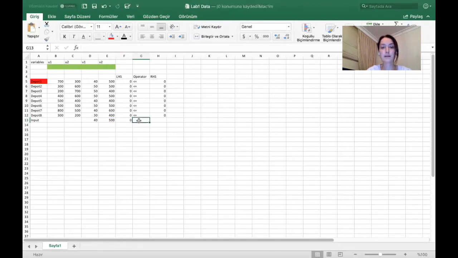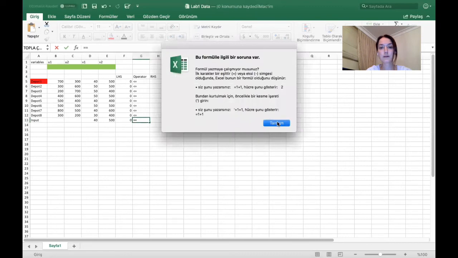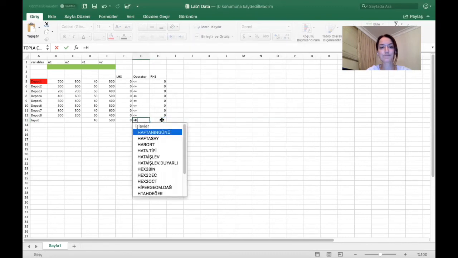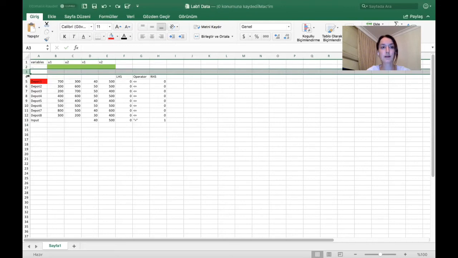Okay, the constraint should be equality constraint, and don't forget right-hand side. Okay, right-hand side should be 1. Constraints are ready.